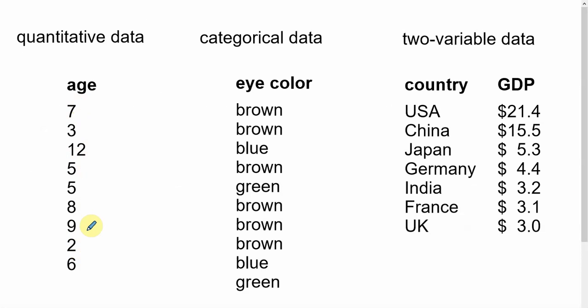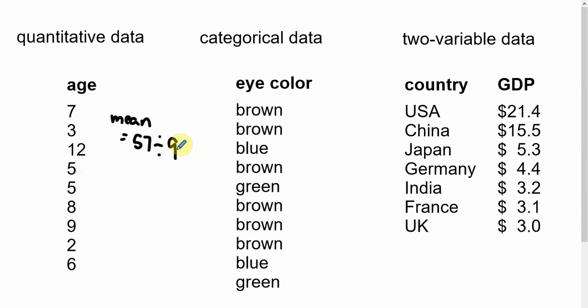Okay, so if we want to calculate the mean of this data, we would add these numbers up. So you plug these into your calculator, add them up, and you get 57. But we divide by how many are there? 1, 2, 3, 4, 5, 6, 7, 8, 9. We divide by 9.